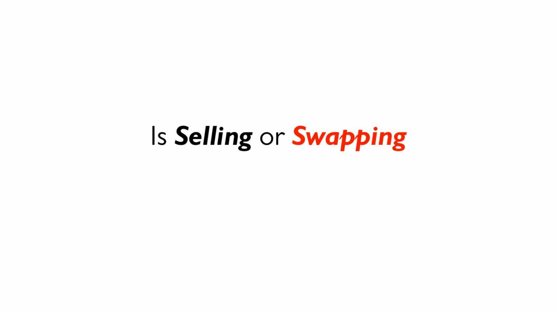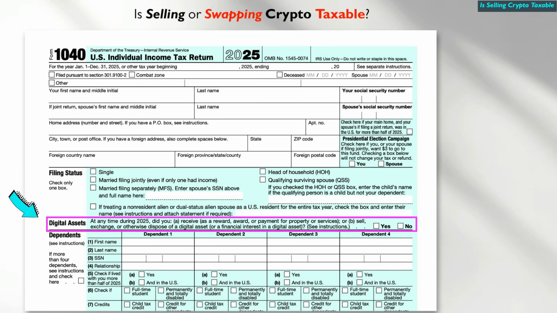Now let's go back to the digital asset question on the 1040. The form asks whether at any time during the year you received, sold, exchanged, or otherwise disposed of a digital asset. A sell or conversion transaction falls under selling or exchanging a digital asset in subpart B. Because of that, you must check yes on the 1040 to show that a digital asset transaction occurred, and the IRS will expect to see it reported on your tax return.